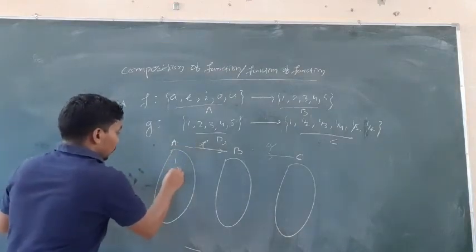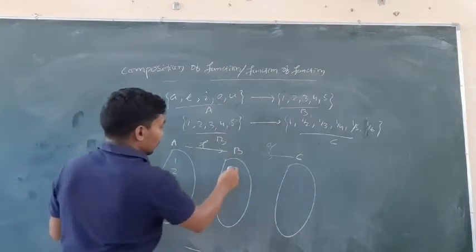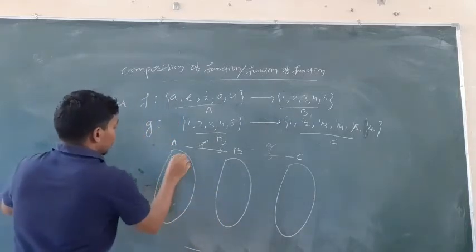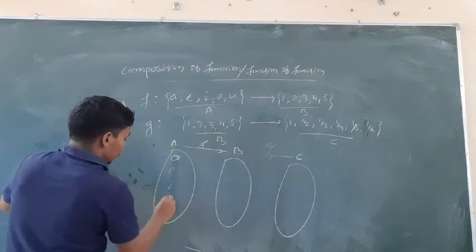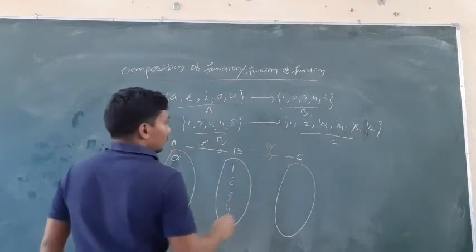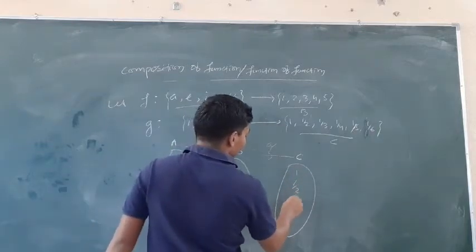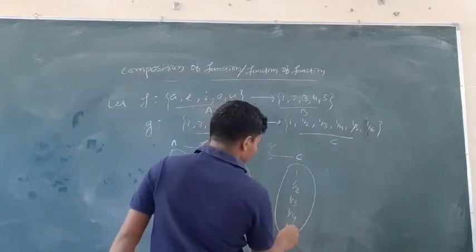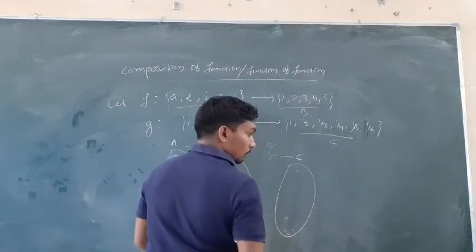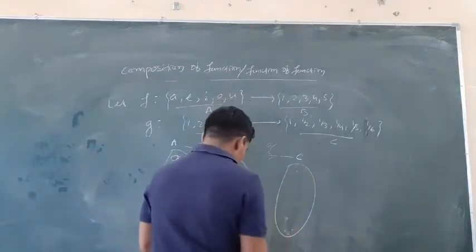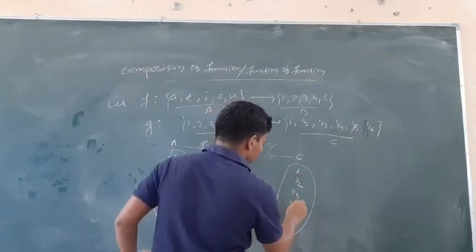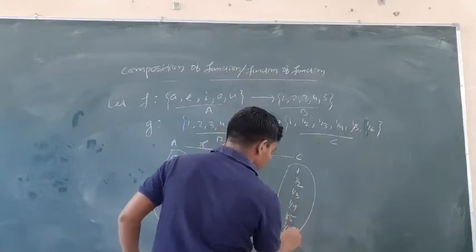Set B consists of 1, 2, 3, 4, 5. Set A consists of the vowels a, e, i, o, u. Set C contains 1, 1/2, 1/3, 1/4, 1/5, and 1/6.